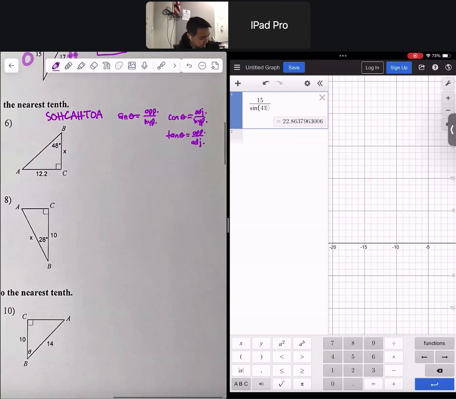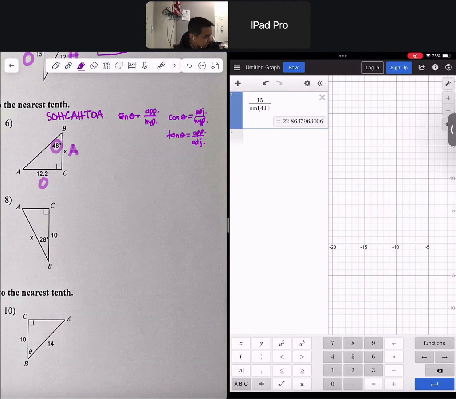Number 6. In the perspective of this angle, this is the opposite, this is the adjacent. So the only one that uses opposite and adjacent is tangent. Tangent of 48 equals 12.2 all over x.